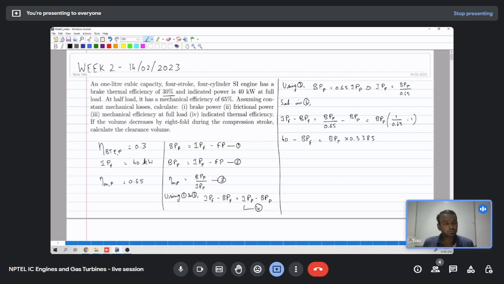Now we know the relation between brake power at full load and part load, that is, part load is half load, so brake power at part load should be 1 by 2 times the brake power at full load. So using this we can substitute and get 40 minus brake power at full load is equal to 1 by 2 brake power at full load into 0.5385, which is.